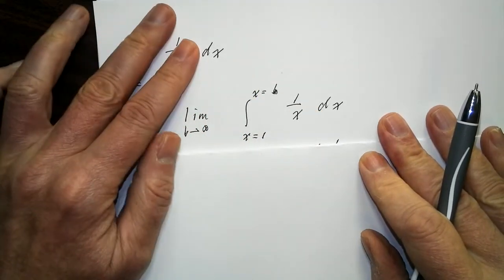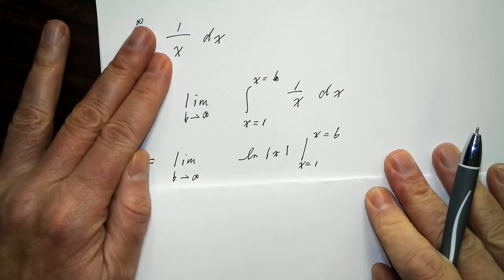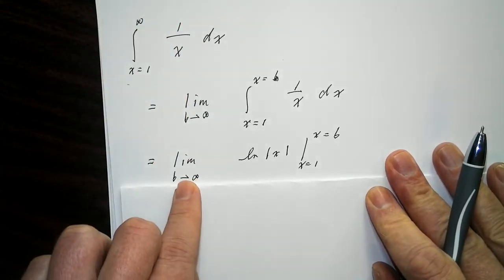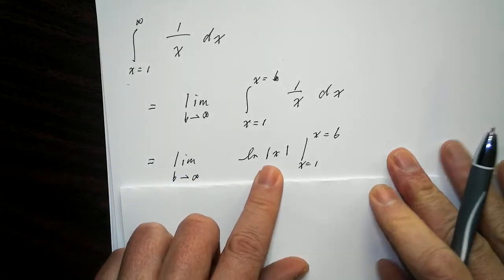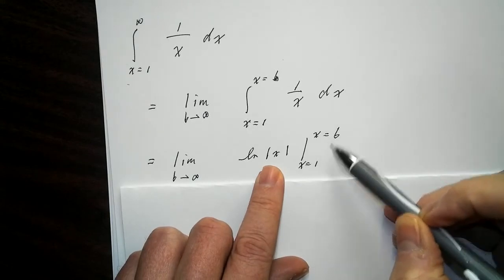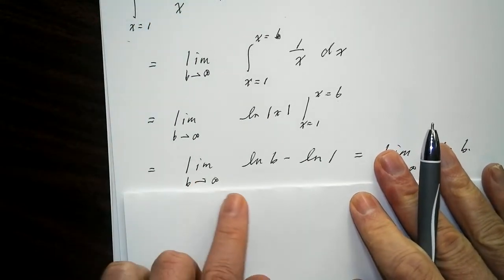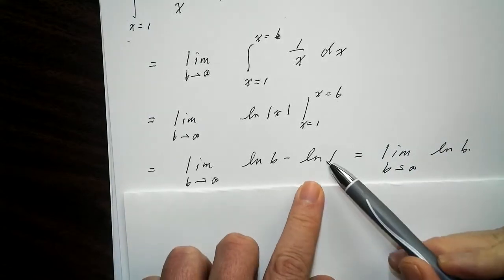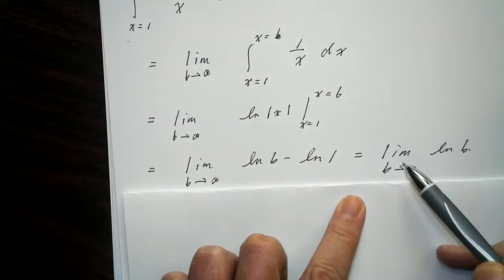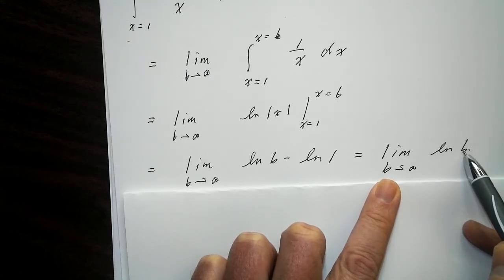So the antiderivative of 1 over x is the natural log of the absolute value of x. And notice I'm still going to leave the limit as b goes to infinity out here. Now I have to take this antiderivative, substitute b and 1 in. Again, I'm taking the limit as b goes to infinity. The natural log of 1 is 0, so I'm left with the limit as b goes to infinity of the natural log of b.